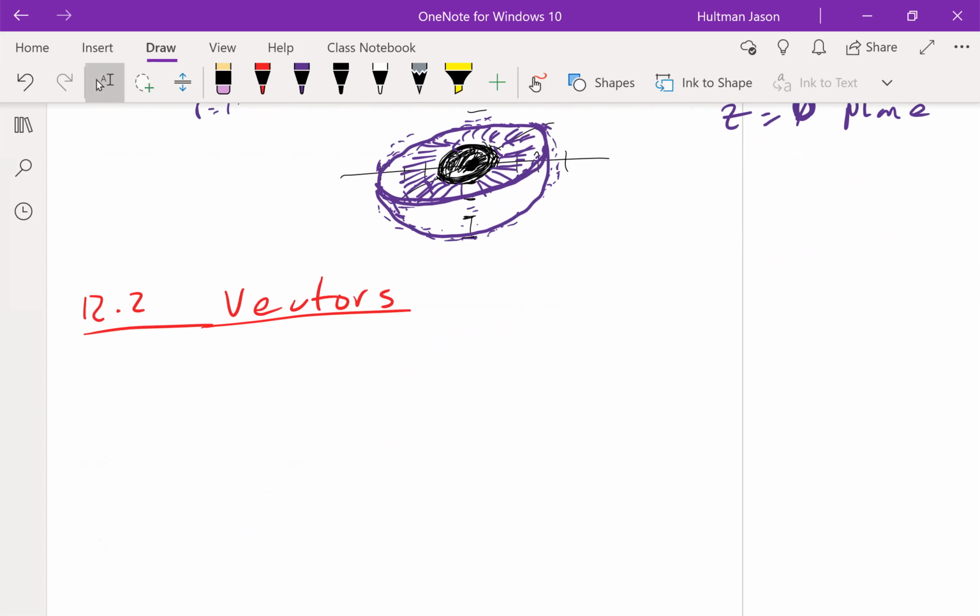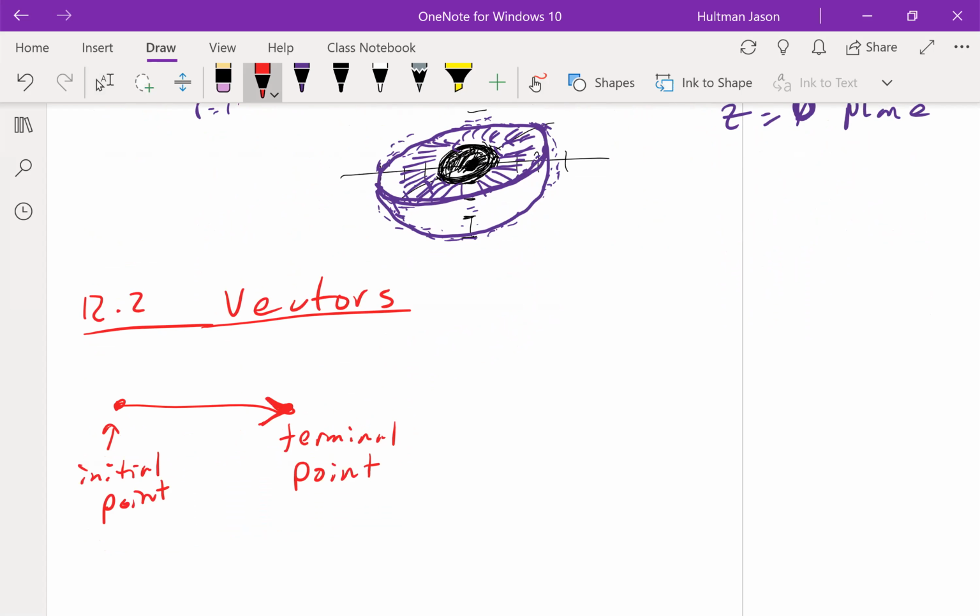So for a vector, there's an initial point and a terminal point. We'll call the initial point A, the terminal point B.